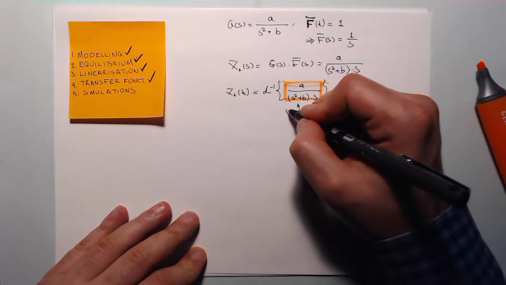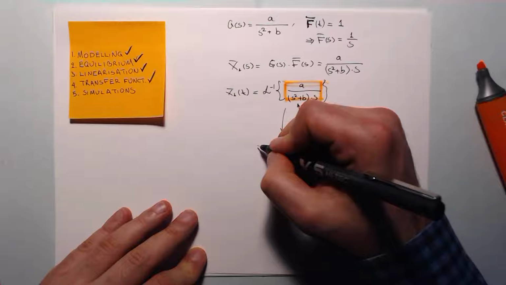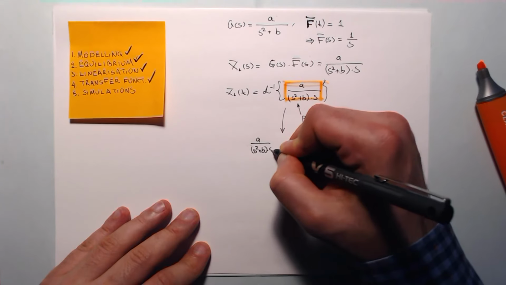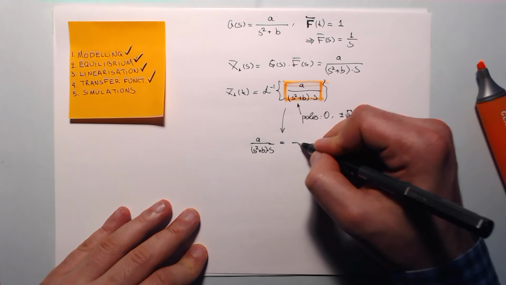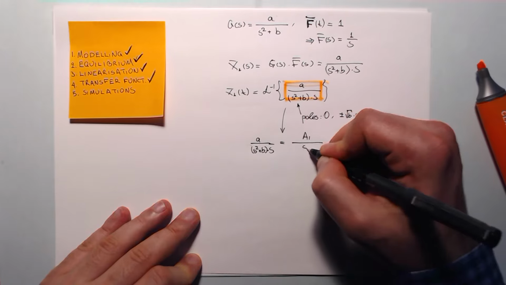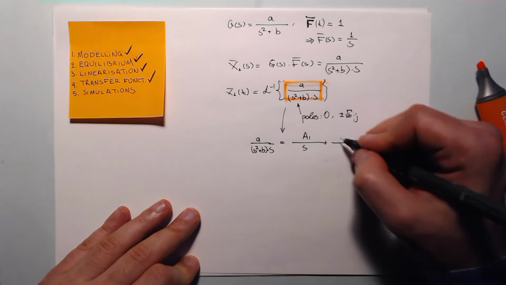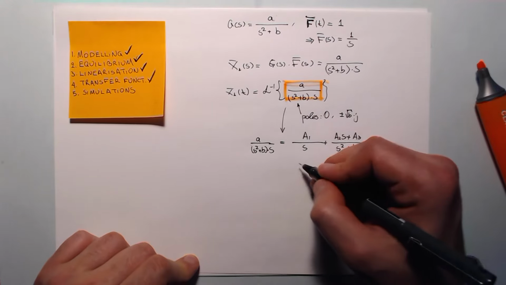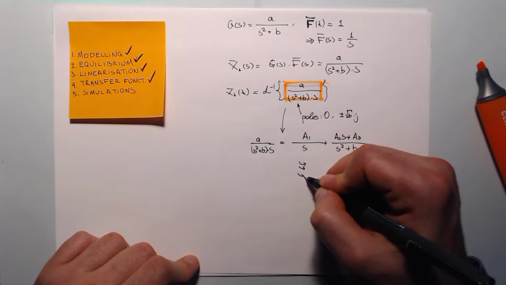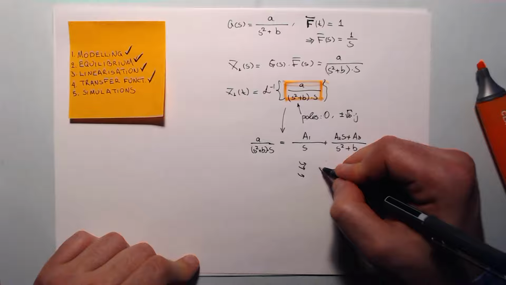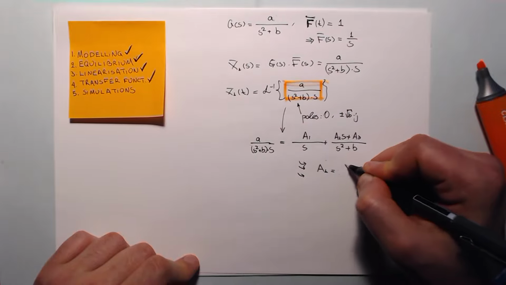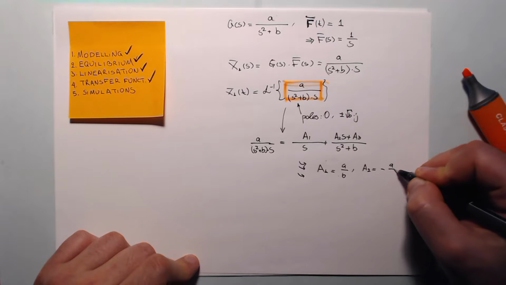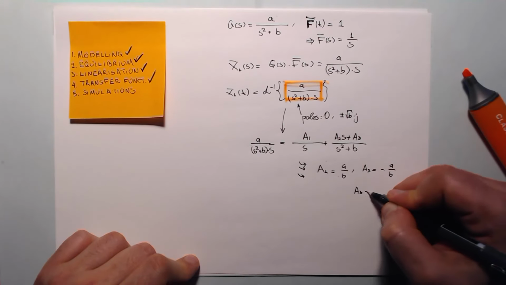Which means that the partial fractions expansion of a over s squared plus b times s will have this general form: a1 over s plus a2 s plus a3 over s squared plus b. It's not difficult to find from here. I will leave this to you to confirm as an exercise that a1 is a over b, a2 is minus a over b, and a3 is equal to 0.